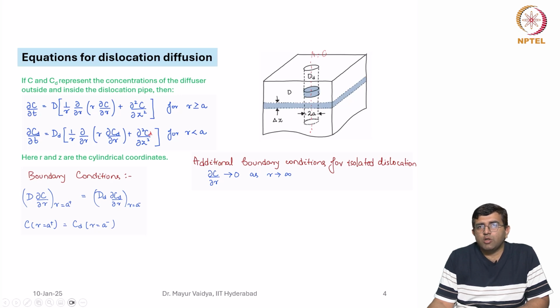The composition at the interface should also be continuous, therefore C at r = a+ and r = a- should be equal to Cd. Additionally, if the dislocation is isolated, then ∂C/∂r, which is the gradient, goes to 0 as r goes to infinity. If you take a very long distance, the gradient goes to 0.